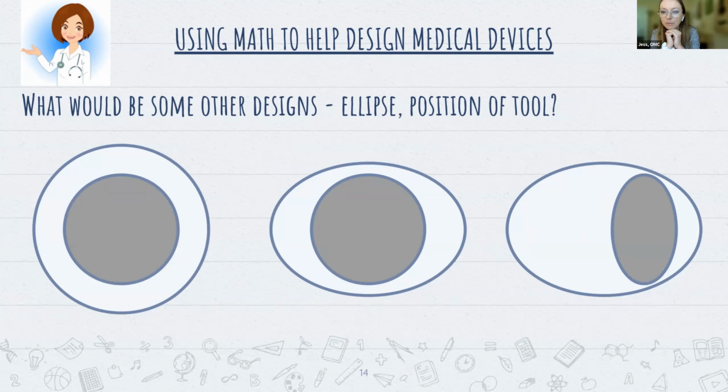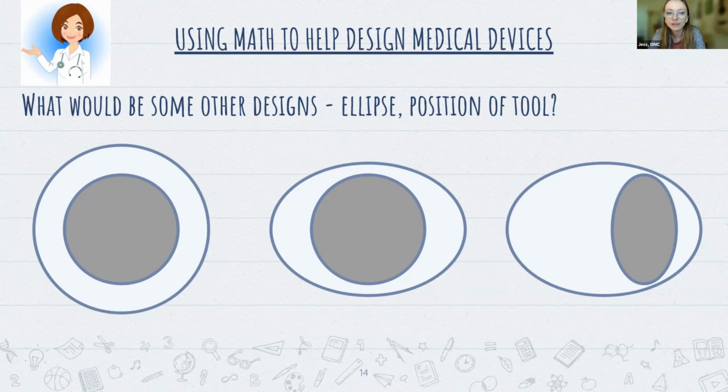A lot of my PhD, or part of my PhD at least, was thinking about what happens if we try out all of these different geometries. What if the channel of the scope is circular, or elliptical instead of circular? What if the cross-section of the tool is elliptical? And what if we move the position of the tool in the channel? What if it's not in the center?